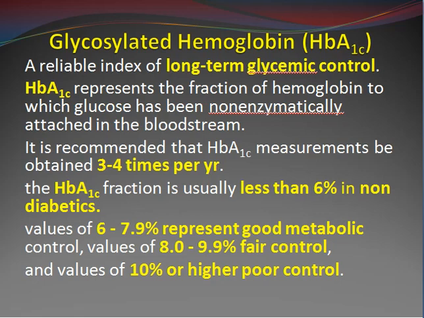It is recommended that hemoglobin A1C measurement be obtained 3 to 4 times per year, and the hemoglobin A1C fraction is usually less than 6 in non-diabetic patients. A value between 6 to 7.9% represents good control. A value between 8 to 9.9% represents fair control, while a value of 10% and more represents poor control in a diabetic patient.